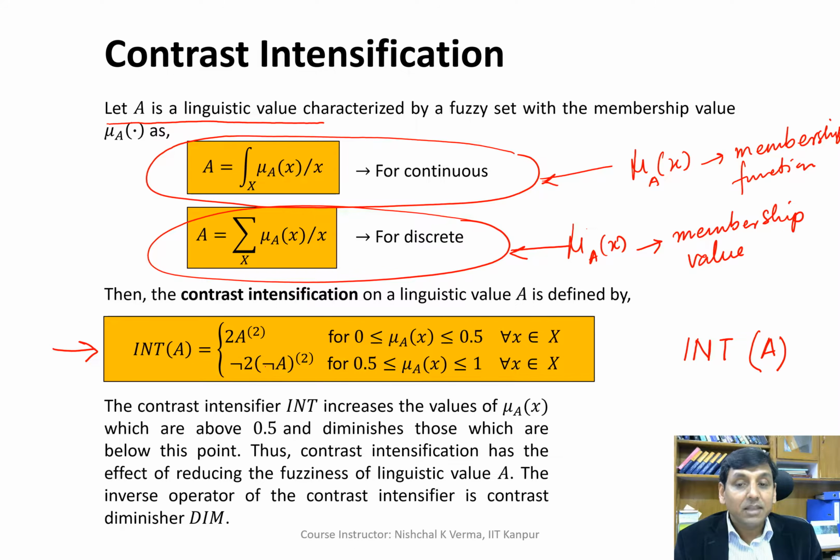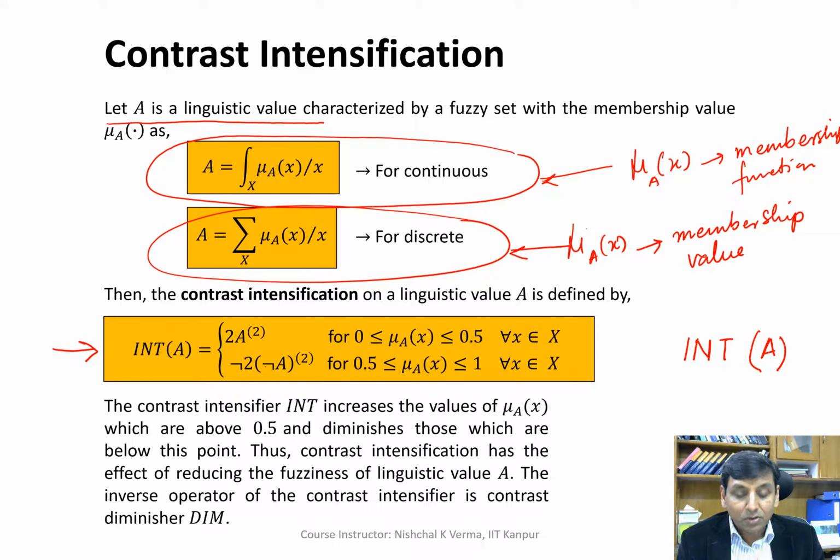It means we are concentrating the fuzzy set A, or in other words, A is being normally concentrated, so that we have K is equal to 2. So A raised to the power 2 within the bracket, and then whatever comes here we multiply by 2. This computation is for the membership value.